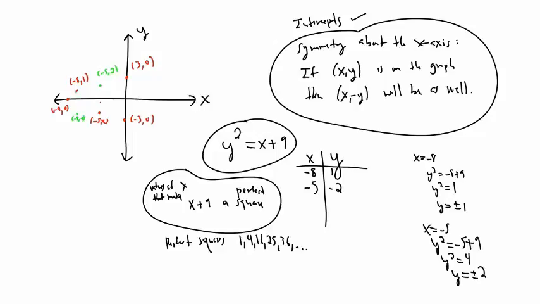Of course, we get that from solving the equation, too. So we see that when we connect these points, we end up with this sideways parabola. There's a sketch of the graph. Y squared equals x plus 9.